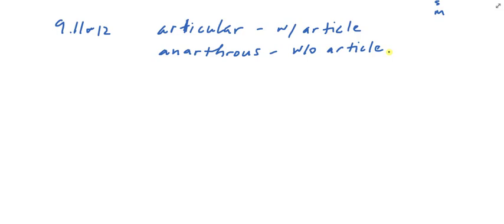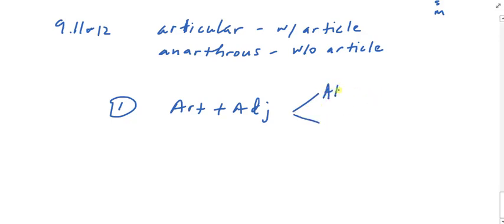Now, if you have an article immediately before the adjective, then you have either one of two things. Okay, so we'll just number these. You have article plus adjective, then you really have two possibilities here. It's either the attributive or it's the substantival use.